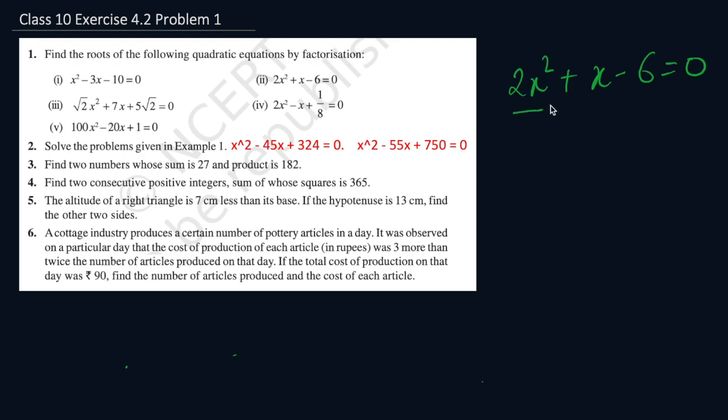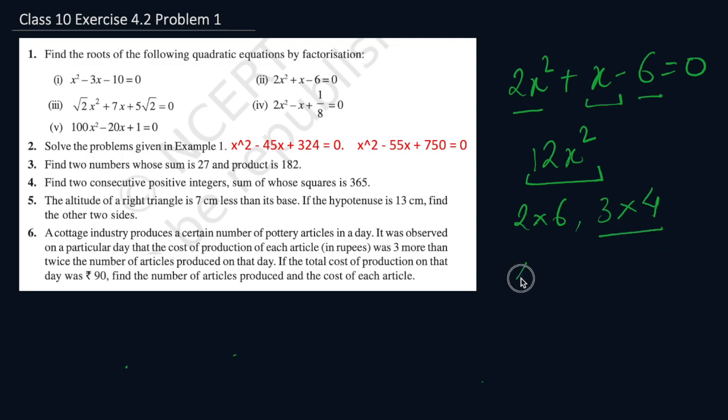Now we multiply this a and c, we get 12x square. Now how do we split this 12x square such that we get x? The factorization of this is either 2 cross 6 or 3 cross 4.